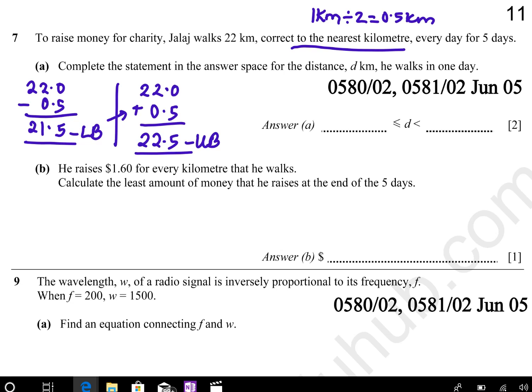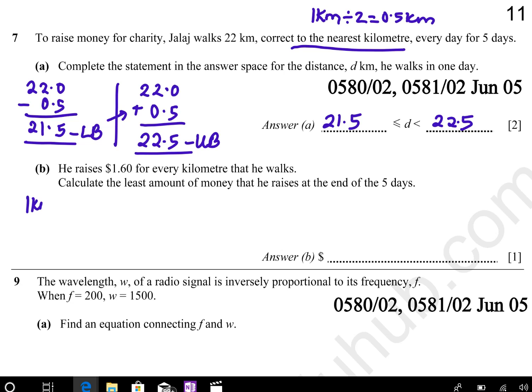They've exactly asked us to write down the lower bound and upper bound. So my lower bound is 21.5 and my upper bound is 22.5.